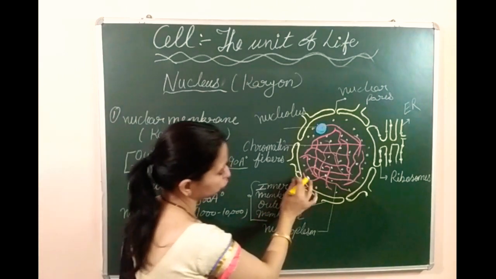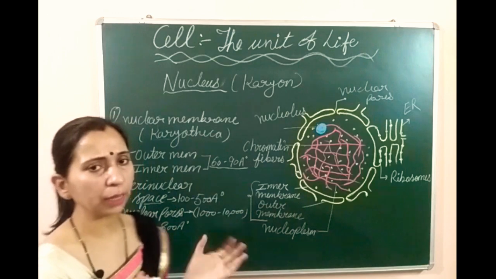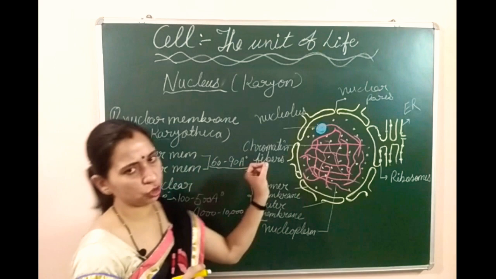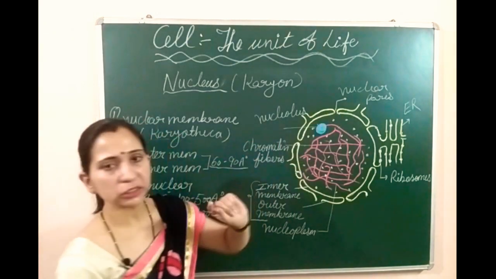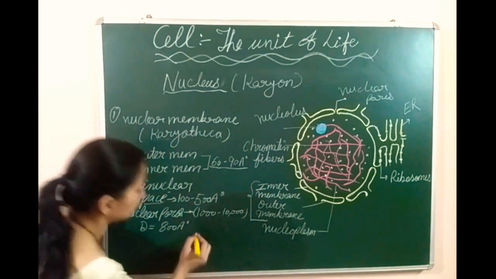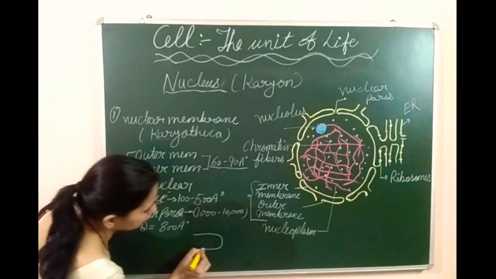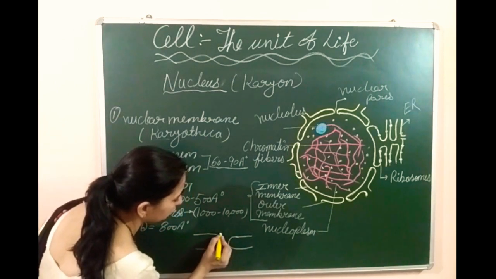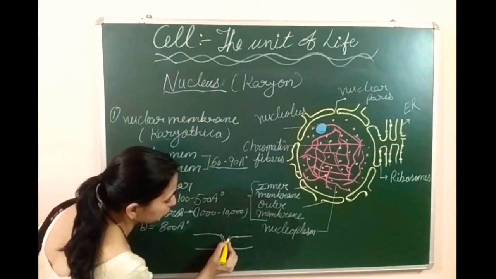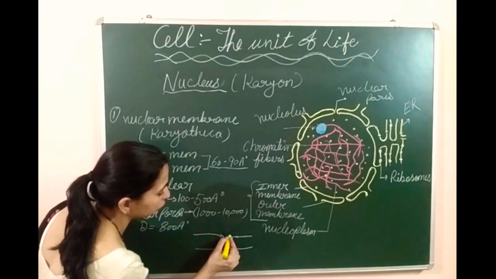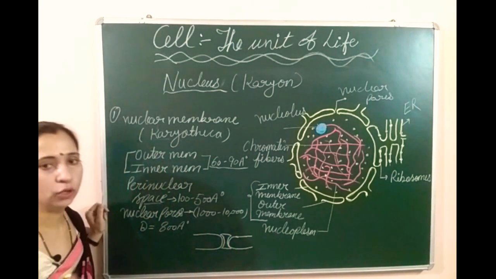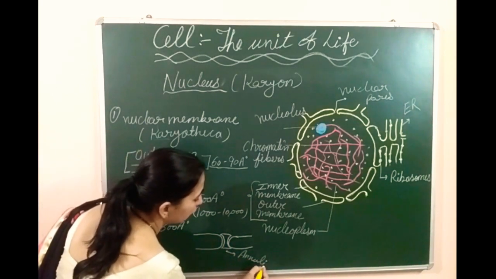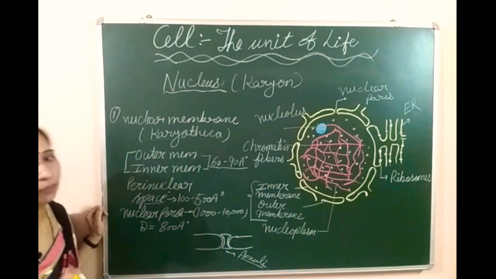Like we have shown a gap here, यहाँ पे हमने gap दिखाया है, but the gap is not that large. They are just a very small space, and these spaces are filled with a ring-like structure. ये जो nuclear pore है, ये space एक ring-like structure से fill होता है. This ring-like structure is known as annulus, so it will be in the form of annuli, and this type of pores are known as annulated pores.